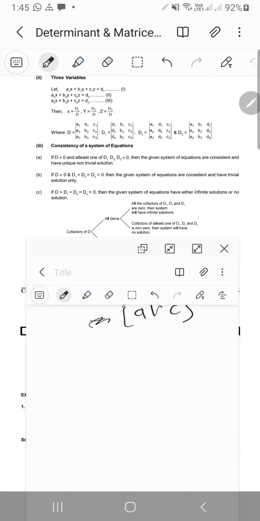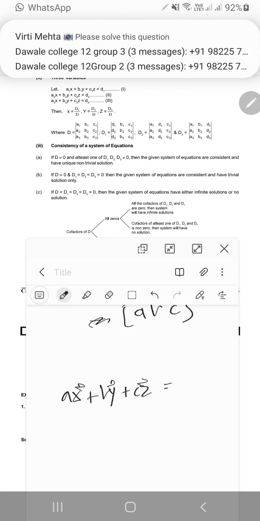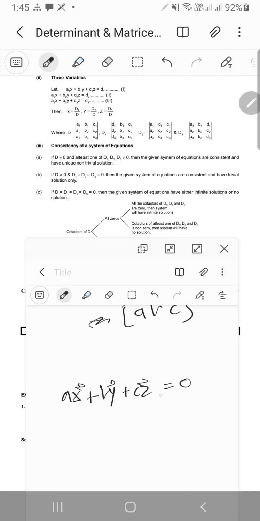If x, y, z are all 0, then you would have something like ax plus by plus cz equal to 0. So yes, this equation has a trivial solution, x equal to y equal to z equal to 0. There would also be a non-trivial solution if these are coplanar, right? So if a, b, c are coplanar vectors, then there would also be a non-trivial solution. So that's what this is talking about.